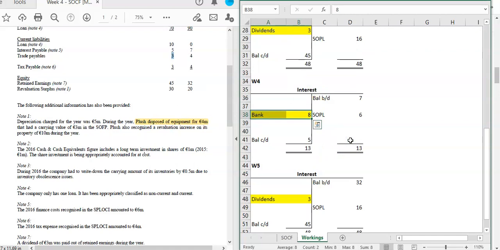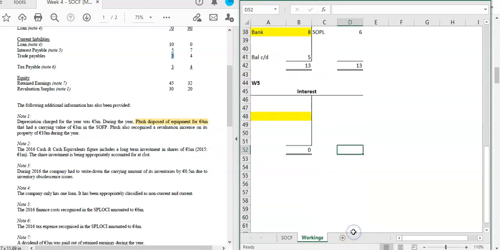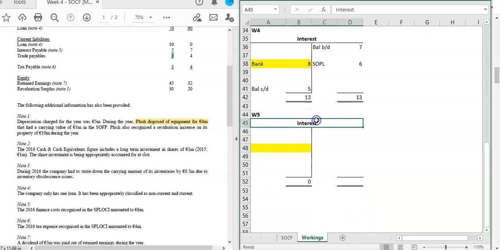So you're using the information that you have. You're solving a puzzle as you go along. That's why I say always see it as solving a puzzle. We're doing the same for taxation. Again, pause this now if you want to practice yourself and see can you do it. Your balance brought down: you owed tax at the start of the year of 4. You owe tax at the end of the year, balance carried down of 3.